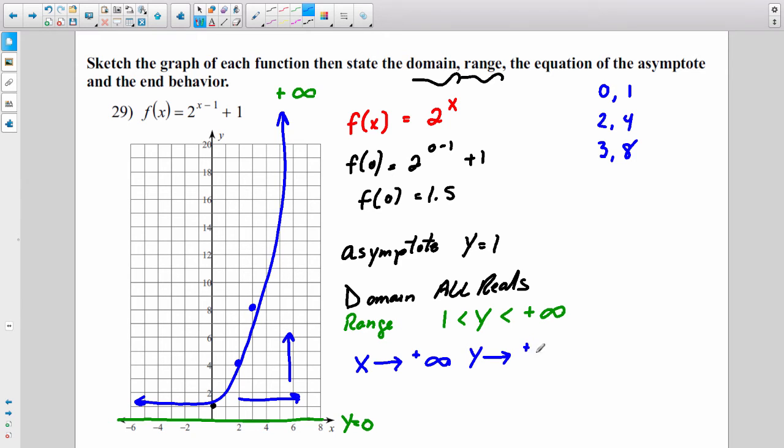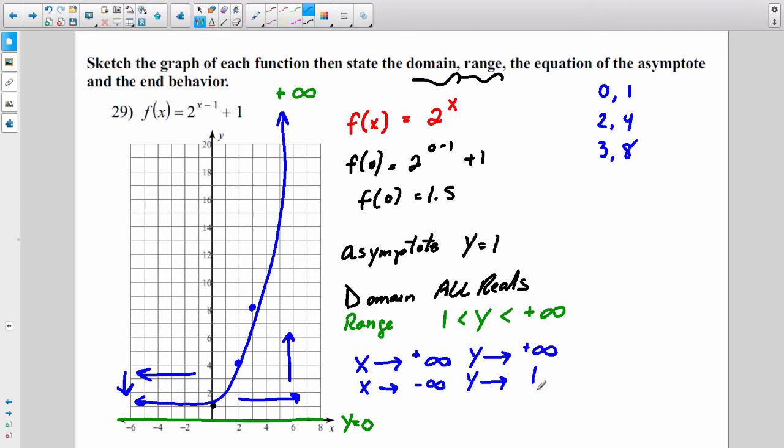So I write that. Now let's go the other way. As x heads to the left, which is just a street way to say as x approaches negative infinity, what is my graph doing? It's landing, or trying to land, on y equals 1. Never gets there, but it's getting close. So what we'll say is y approaches 1.